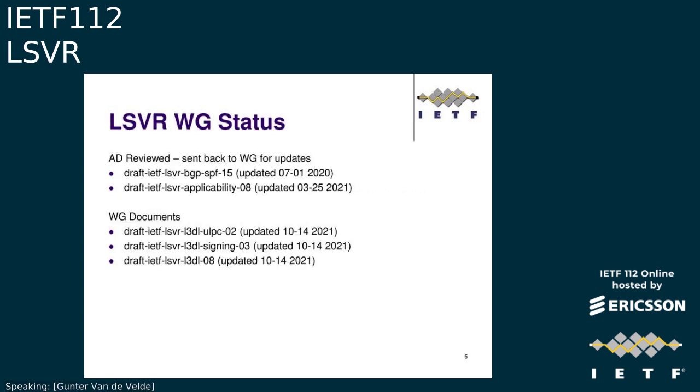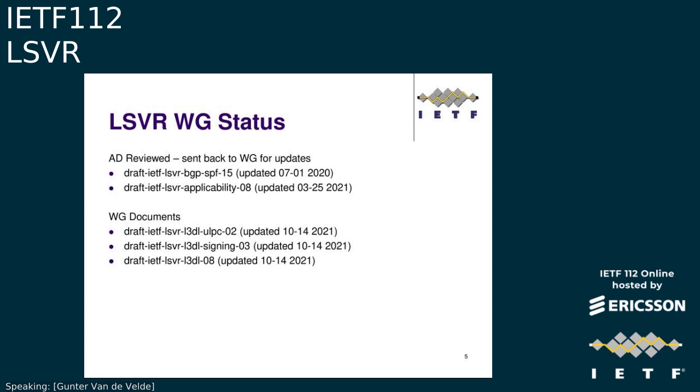Okay, perfect. So if you look at where we are with our documents, we had 2 documents which went to working group last call. The AD reviewed them and sent them back to the working group for updates. The BGP SPF one has been updated based upon the feedback here.